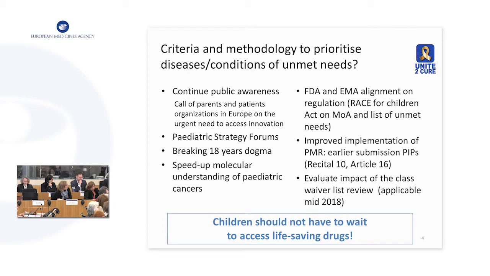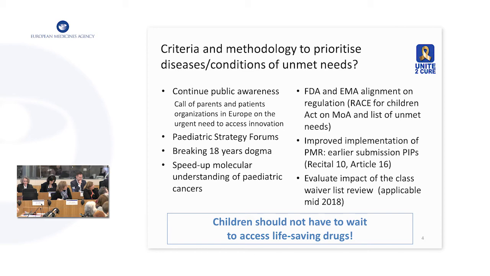We continue participating in pediatric strategy forums. We definitely want to break the 18 years dogma. It is of no medical use that children above 12 years and under 18 years are not allowed to participate in a certain number of clinical trials where it's proven that it could be of benefit for them.